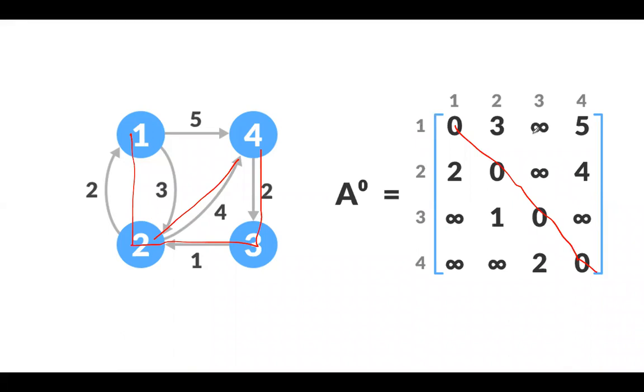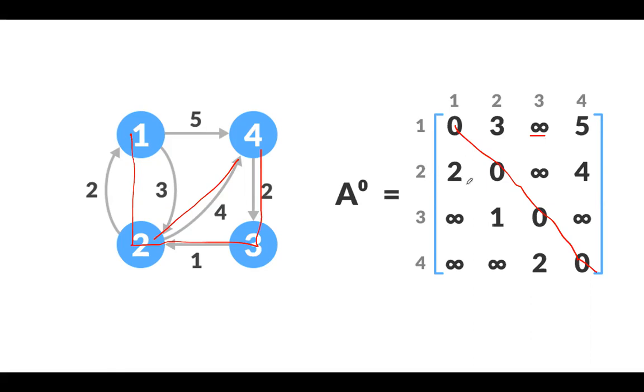If I can't reach 3, that will be marked as infinity. From 1 I can go to 4 and to 2, but 3 has no direct edge, so it is infinity. Once you solve this problem, you have to find a path to 3, either from 4 or from 2. That is the task.